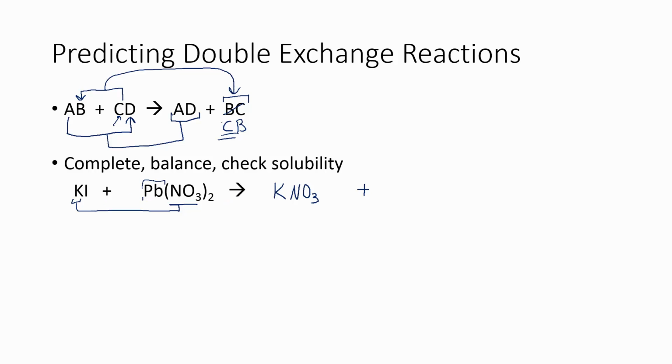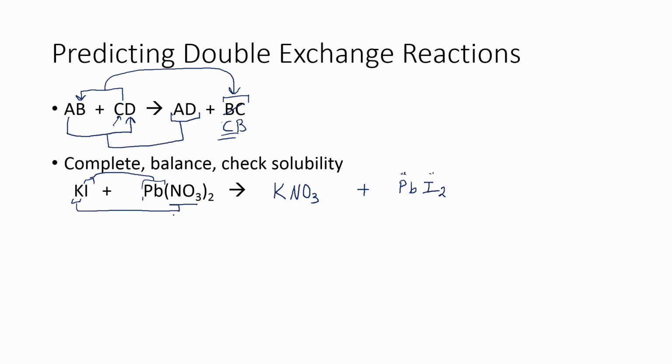Now lead will mix with iodide to give us lead iodide, and this is a lead 2+ ion because there were 2 -1 nitrates attached to it. So that means +2, -1, and we'll need 2 iodides for lead iodide. Excellent. Now that you've completed the reaction just by switching partners, you've balanced the individual compounds by their charges.